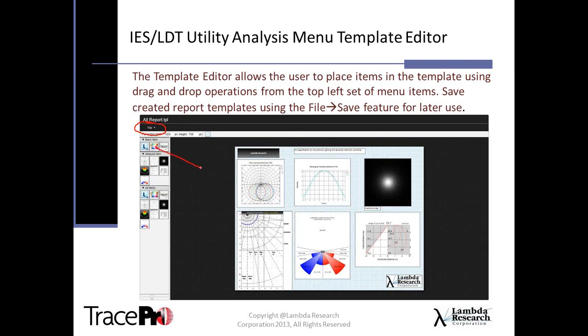For instance, I've taken an image and dragged it over, and that happens to be the Lambda logo, and put it over here in the bottom right-hand corner. I've taken a text box, dragged it over, and put it at the top of the template. I've then dragged over other menu items, and if I have an IES file up, it'll automatically drag that information into that space. So here's an irradiance map, for instance, over here in the top right. And I just kept dragging menu items that I wanted and stuck them into my report.